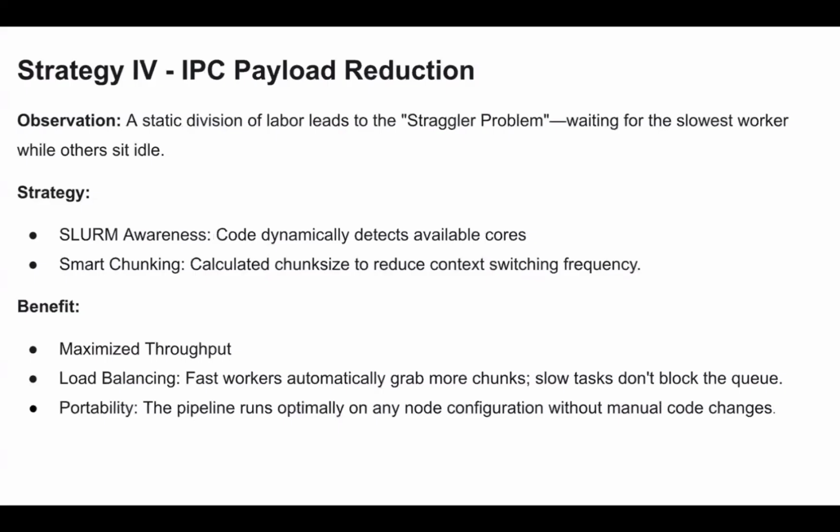The last parallelization strategy is to optimize how the tasks are scheduled on the cluster. In medical physics, tasks are highly heterogeneous. One patient might take 1 second to process, while another, with a very complex anatomy, might take around 10 minutes.